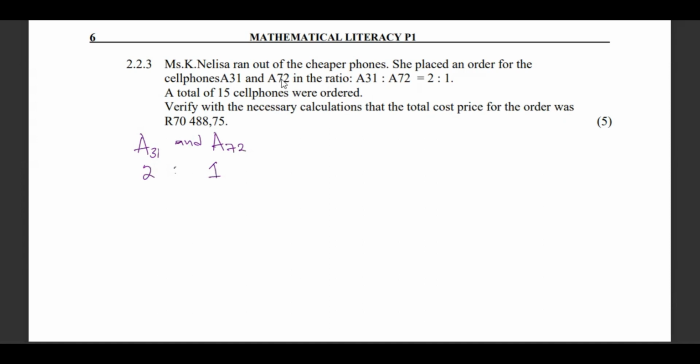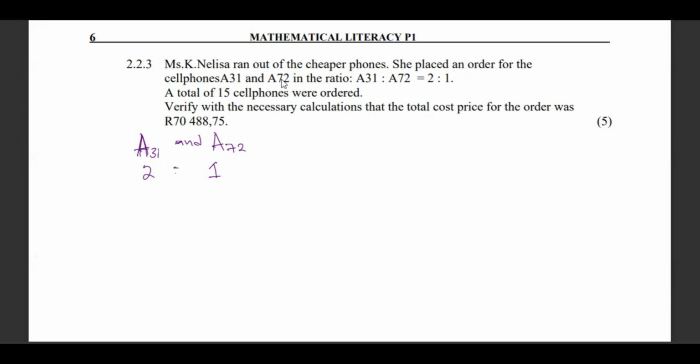So whenever she buys two A31s, she buys one A72. Simply meaning if she buys 6 here, these ones will be 3. Anyway, we go on and say a total of 15 cell phones were ordered. Verify with necessary calculations that the total cost for the order was 70,488 rands 75 cents.